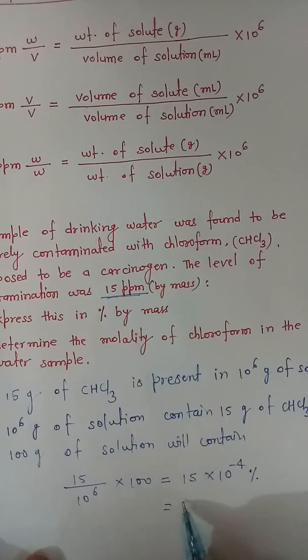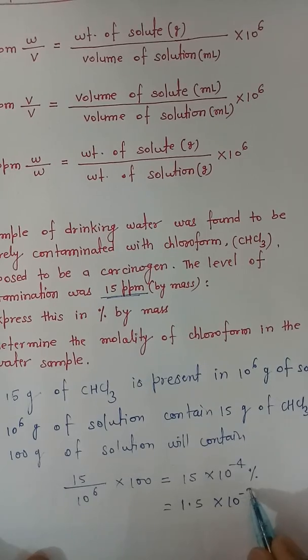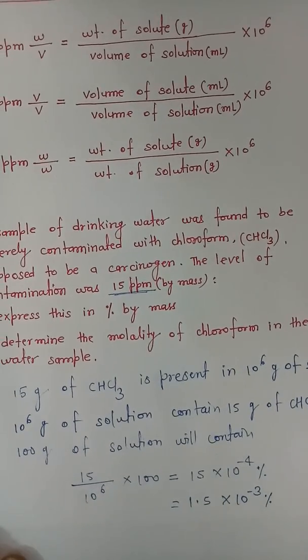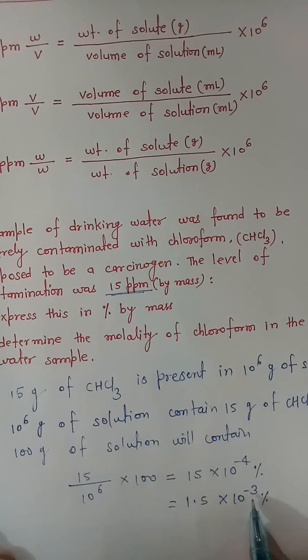That is 1.5 into 10 to the power minus 3 percent. So this is the percent by mass: 1.5 into 10 to the power minus 3 gram of chloroform is present in 100 gram of solution.